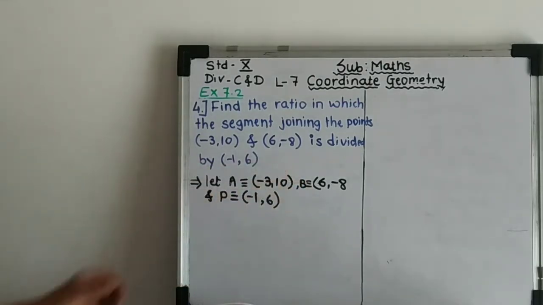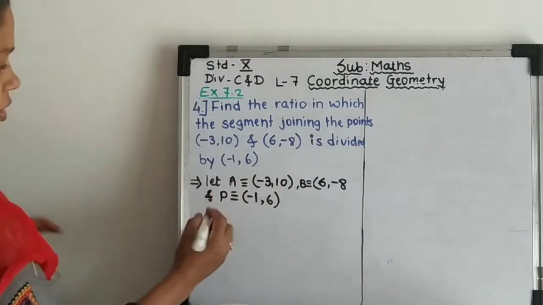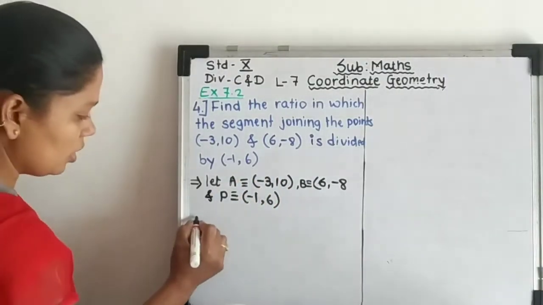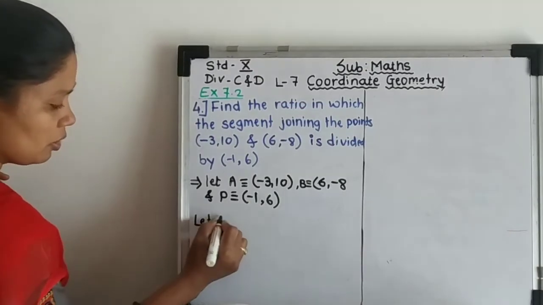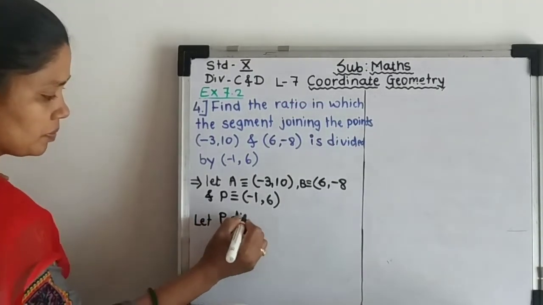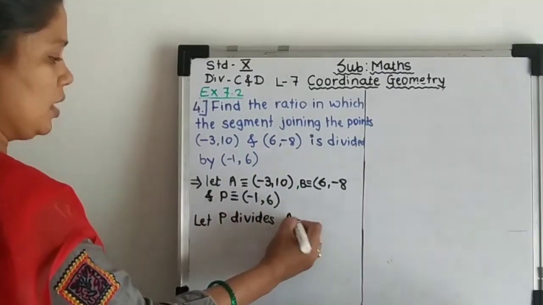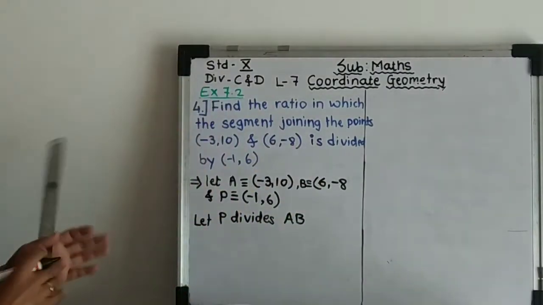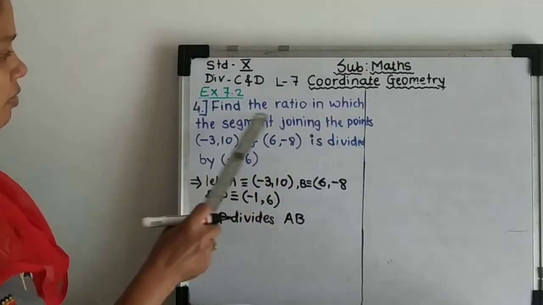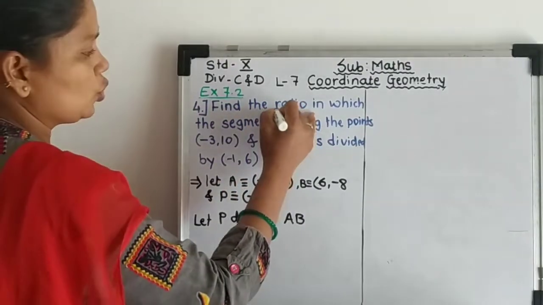First we have written this. Now let us draw the figure accordingly. So I'll write first here, let P divide AB. Now listen student, what is over here? We are going to find out the ratio.